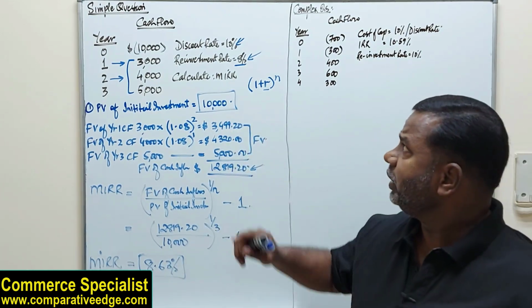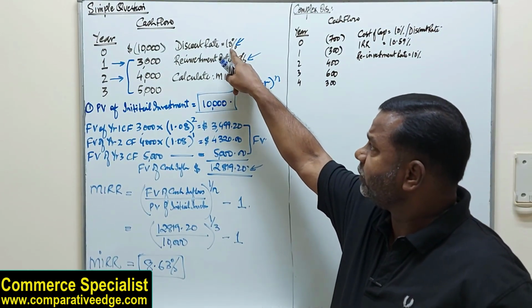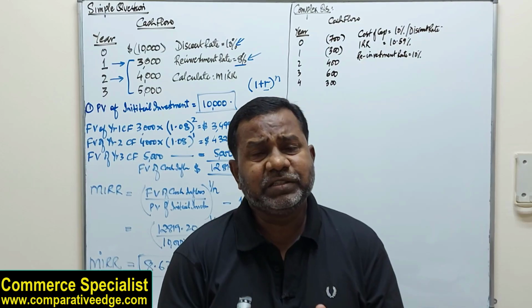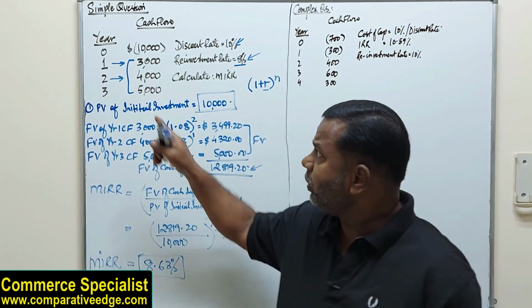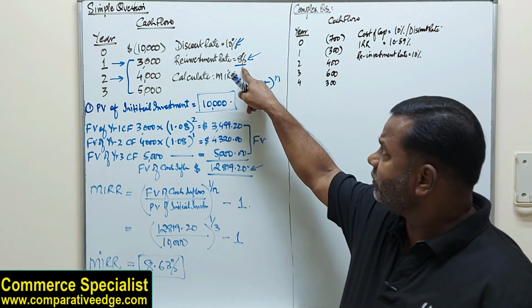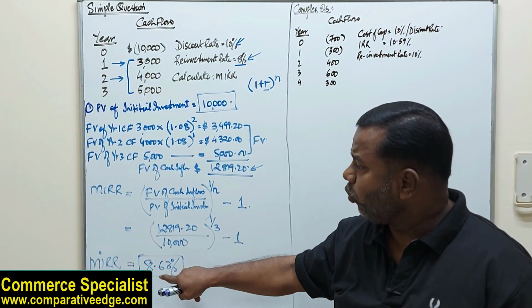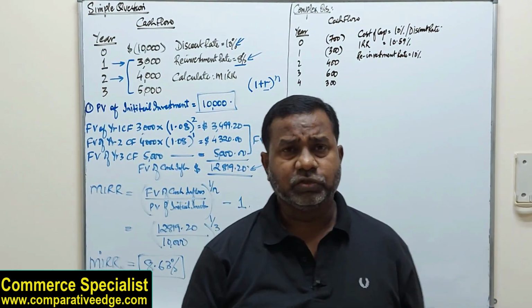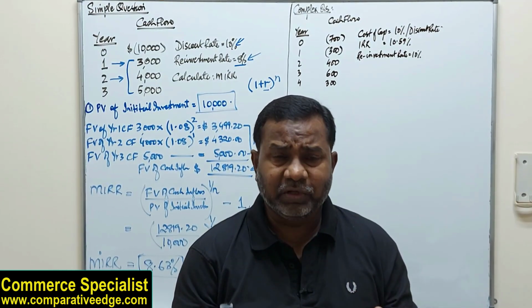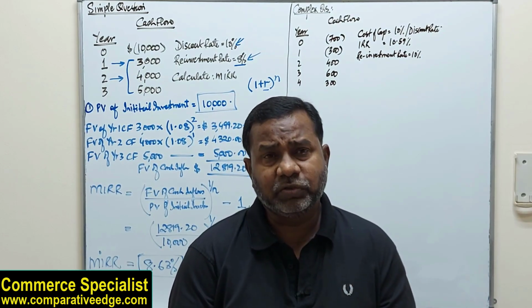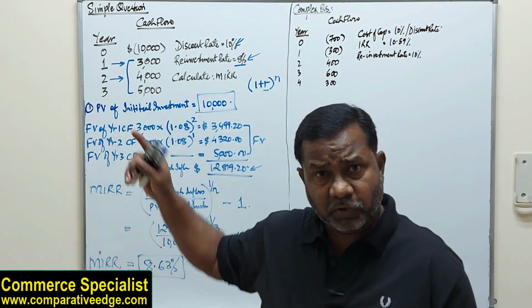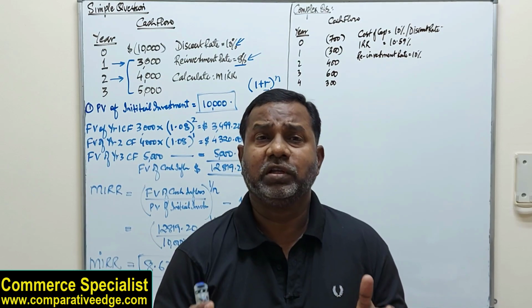Now here what is happening, your discount rate is 10% and your modified IRR is 8.63, which means if we are investing our future cash flows from this project at 8%, it is giving us a return which is less than our cost of capital. So we have to be careful here. This is not very advisable to invest it at this percentage. We should find better avenues to invest the returns from this project. Otherwise, we don't want to continue this project.